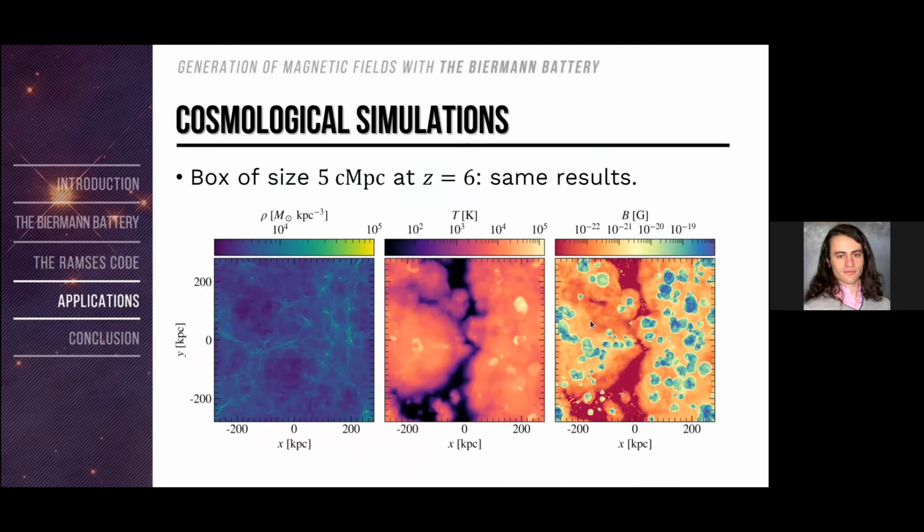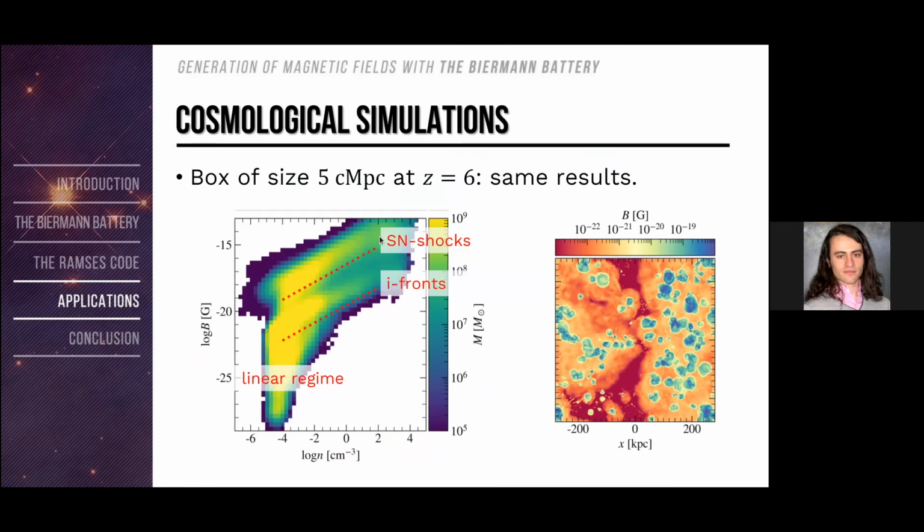We checked that the same result occurred if we increase the box size. So a 5 comoving megaparsec box has exactly the same structure, but with more numerous events as the box is larger, with the three different regimes of the three different channels of magnetic field generation.